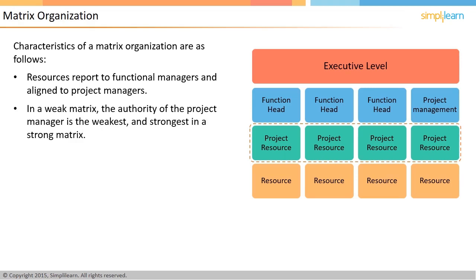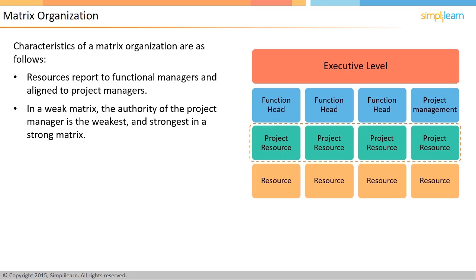In a weak matrix, the authority of the project manager is the weakest and strongest in a strong matrix structure. The titles given to project managers in functional or weak matrix organizations are Project Expediter or Project Coordinator. They would be called project managers in a balanced or strong matrix structure and have slightly more authority over the time of the team members.